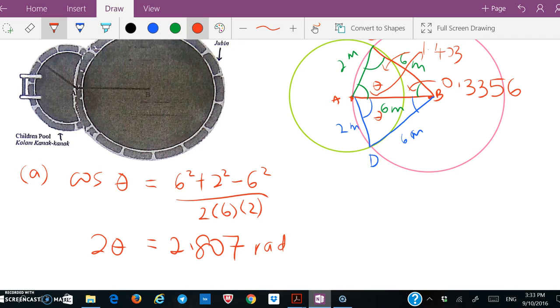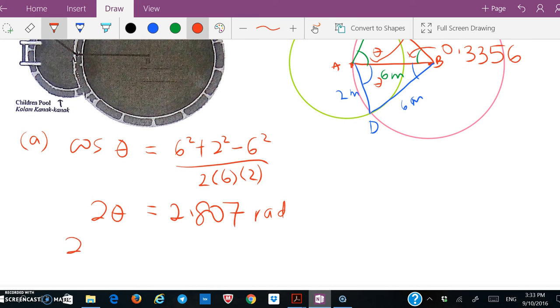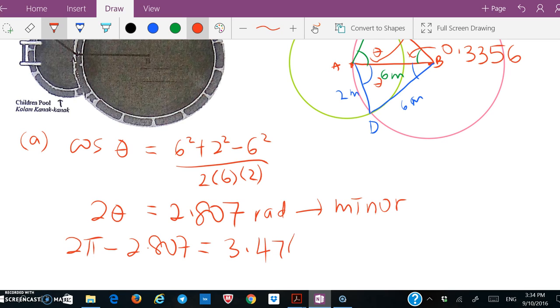Okay, so now let's continue with part A. We already know the angle that is subtended for the minor length of arc. We need to know for the major. So for the major it is 2 pi minus the minor. This is minor. This is major. It is supposed to be 3.476.